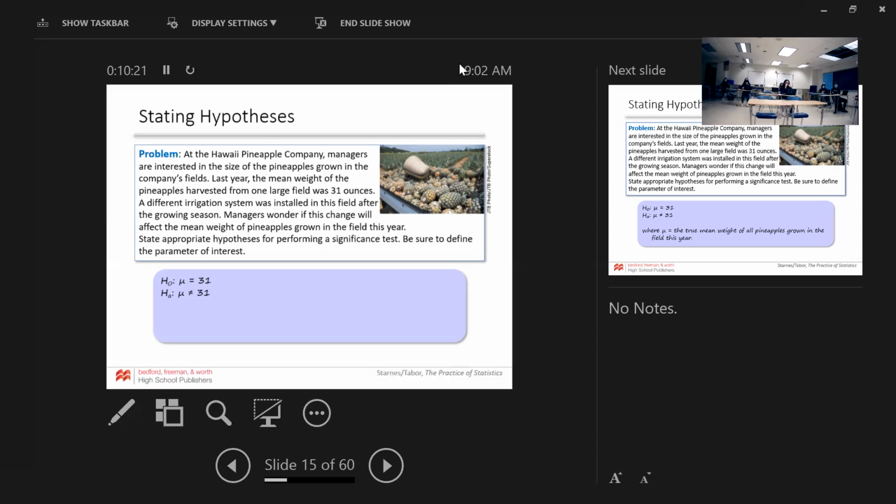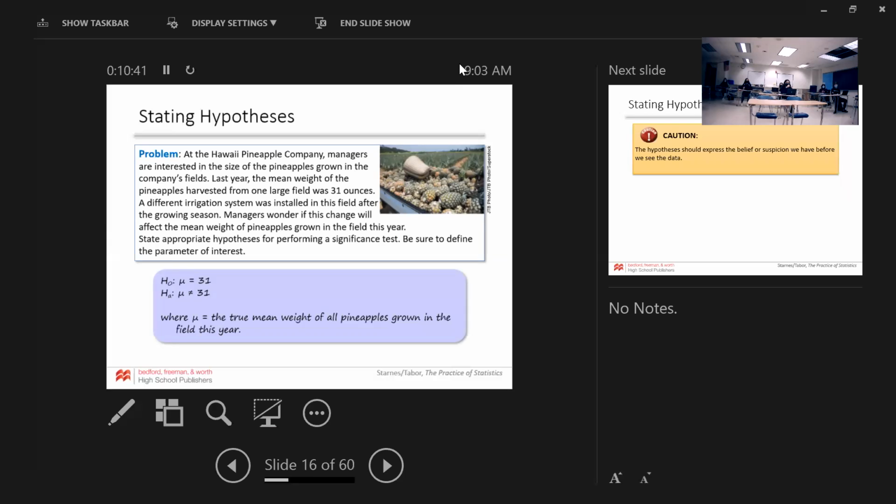And the key word would be increase, decrease, change. If the word just says change, that's telling you two-tailed test, which is a not equal to symbol. I mean, personally, when I read this question, I think I would do it as one tail, but that's not the way it was written.